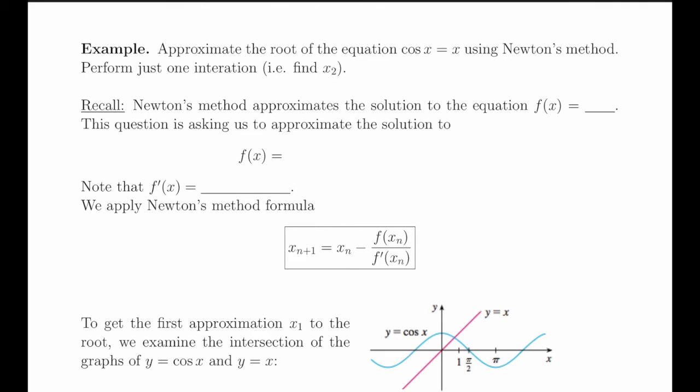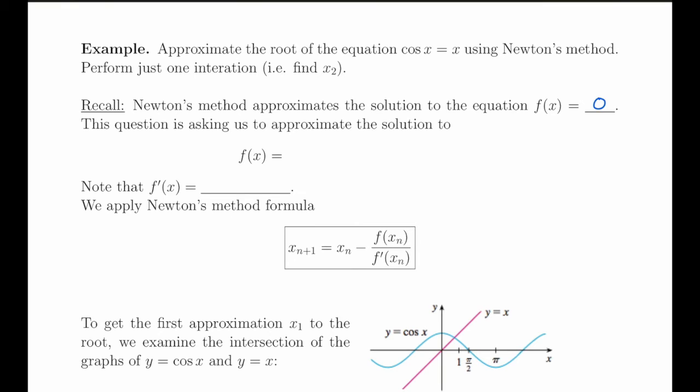So remember, before we do anything, what Newton's method does, it approximates the solution to the equation f of x is equal to 0. Right? It's not f of x is equal to x or f of x is equal to x squared. It always has to have a 0 on one side. That's not what's happening here. We have cosine x is equal to x.